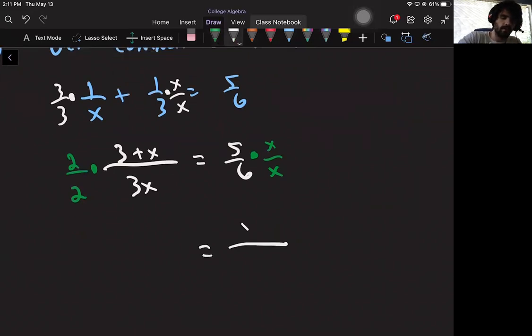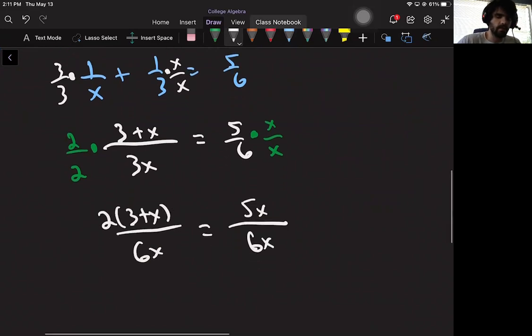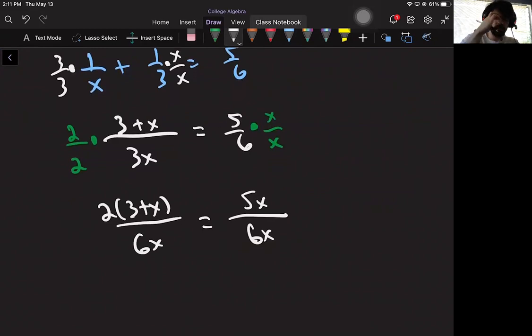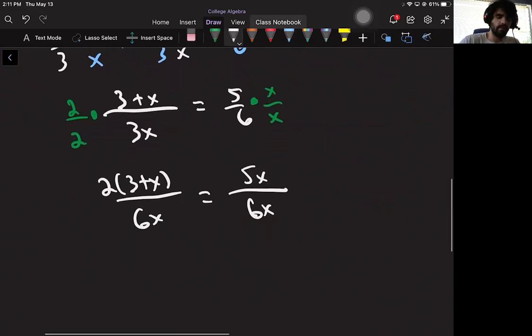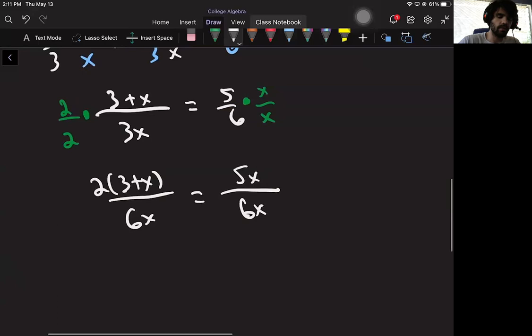So then on the right now we have 5 times x is 5x and 6x as the denominator. And on the left we have the 6x as the denominator as well, and then the 2 times the 3 plus x. So then the idea is if fractions are to be equal, that means the top needs to be equal because the denominators are equal.